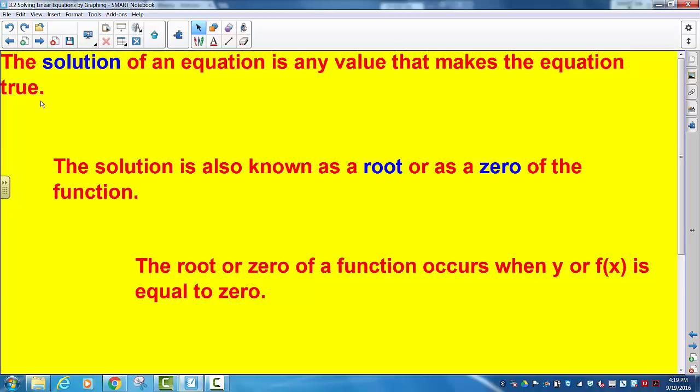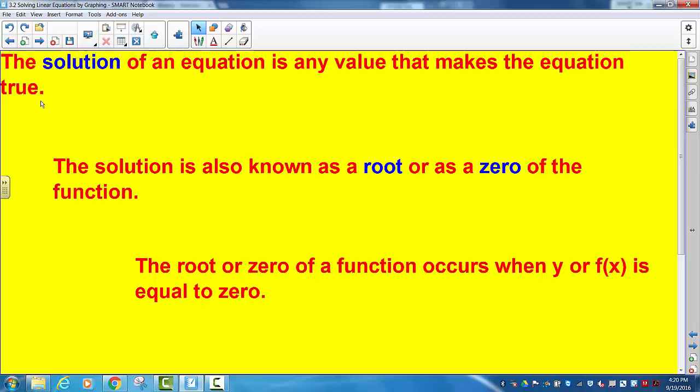Now, the solution of an equation is any value that makes the equation true. You're familiar with that. The solution is also known as a root or as a zero of the function. New terminology that you're going to be getting used to, okay? So the solution, the root, and the zero are all the same thing.